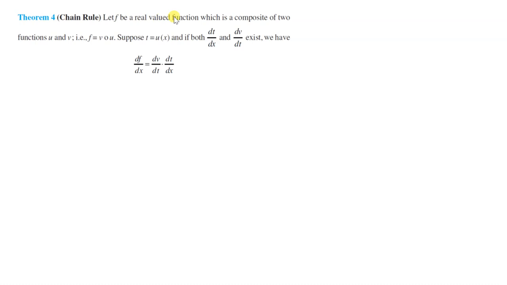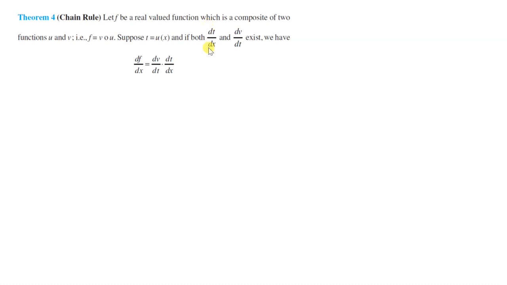So if f is a real valued function which is a composition of two functions v and u, and suppose u(x) is t, then the f function becomes v of t, that is, it is a function of t. And dt by dx, and dv by dt: v is a function of t now, so it is to be differentiated with respect to t.